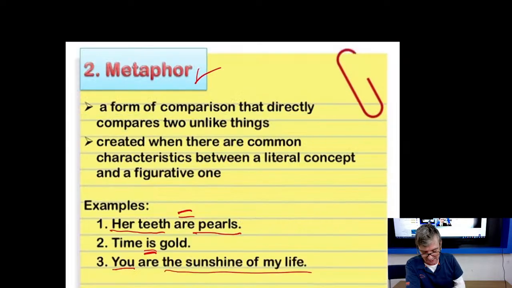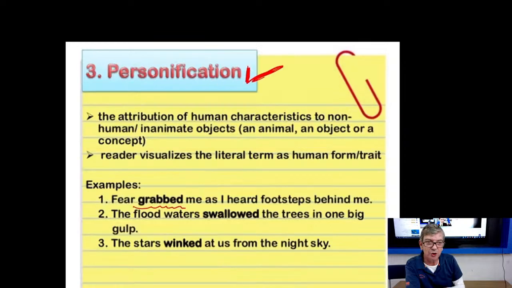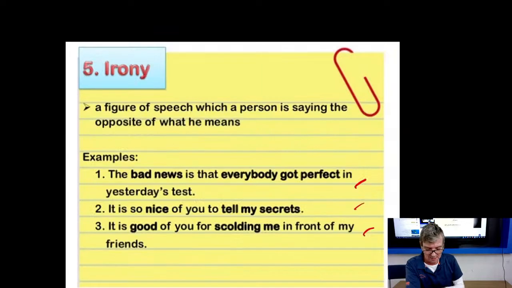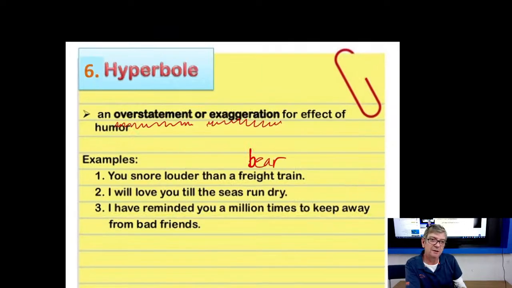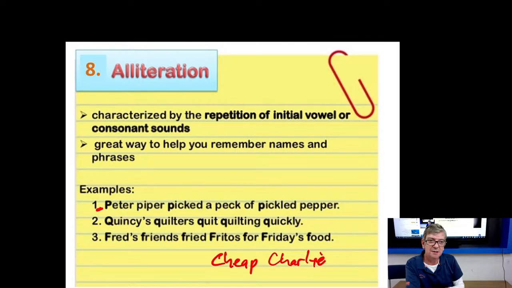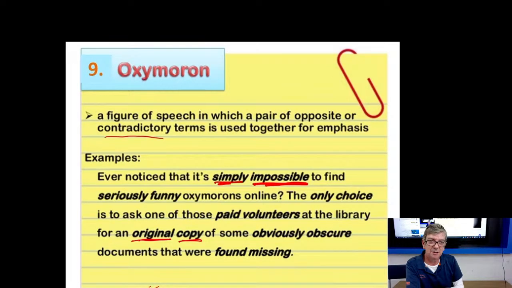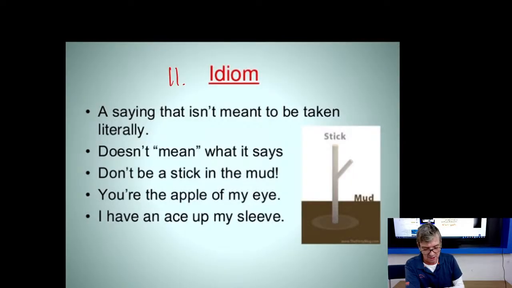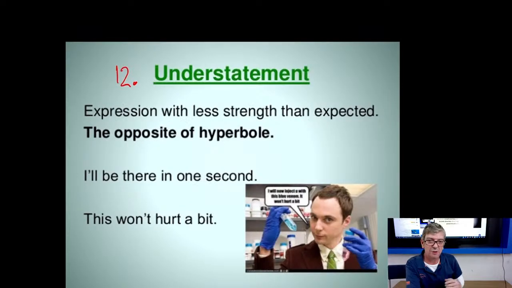So number 1 is simile, number 2 is metaphor, number 3 is personification, number 4 is onomatopoeia, number 5 is irony, number 6 is hyperbole, 7 is litotes, 8 is alliteration, 9 is oxymoron, 10 is a pun, 11 idiom, and then 12 is understatement.